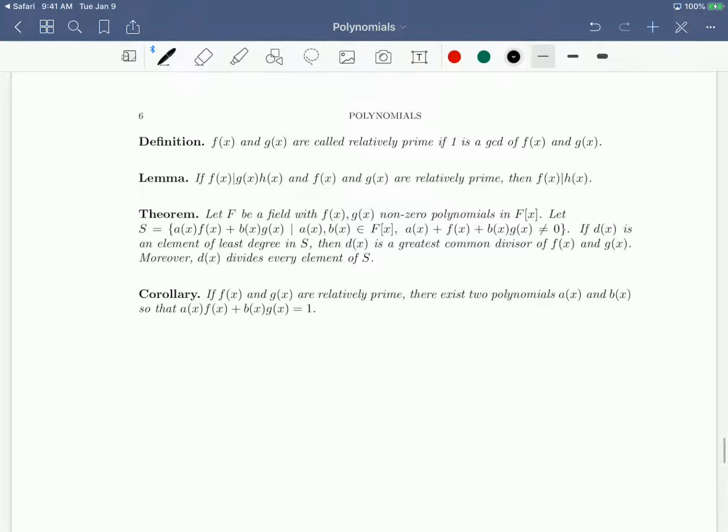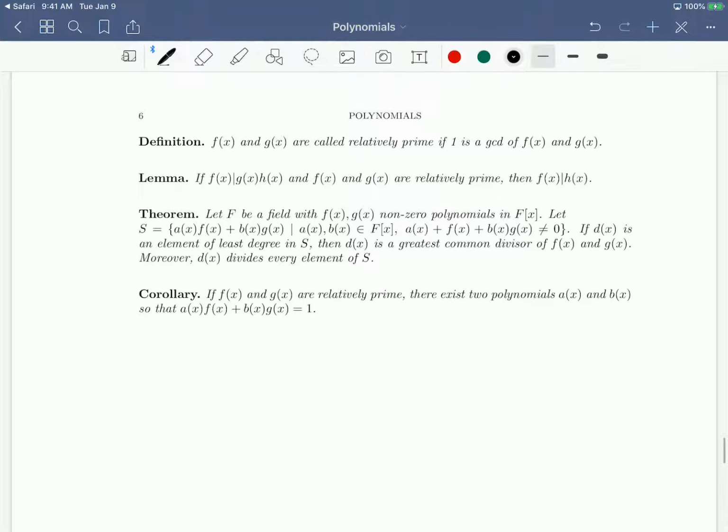The lemma, I think this is one that we didn't really study in Chapter 1, but it says if f divides a product of g times h, and if f and g are relatively prime, then what you know is that f has to divide h. I don't think we mentioned it there, but we're going to look at it here, and I may have you prove it for homework.